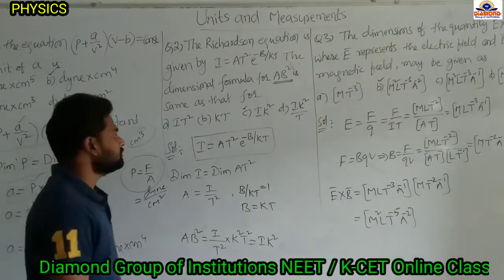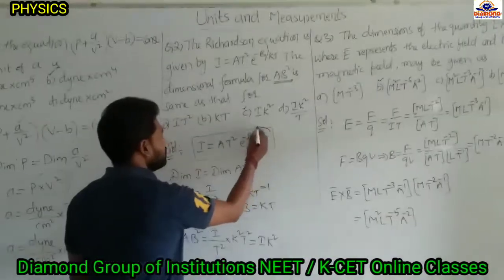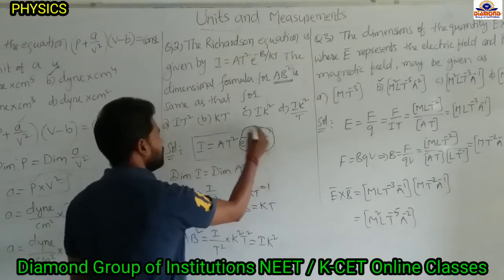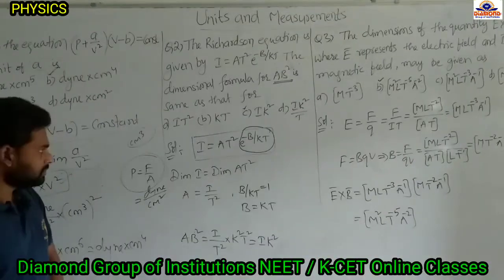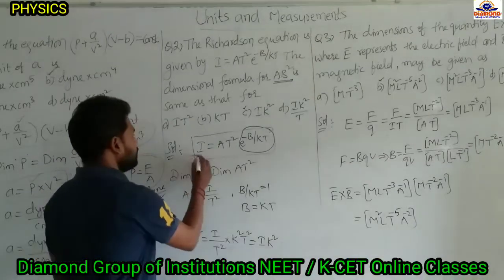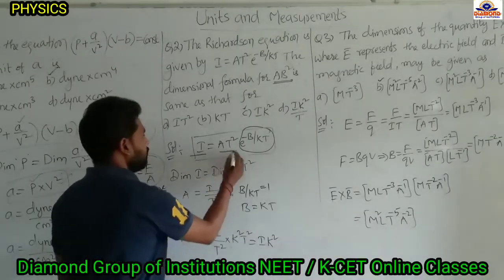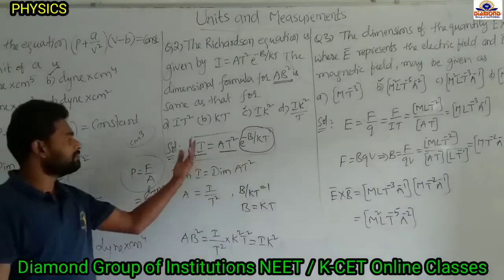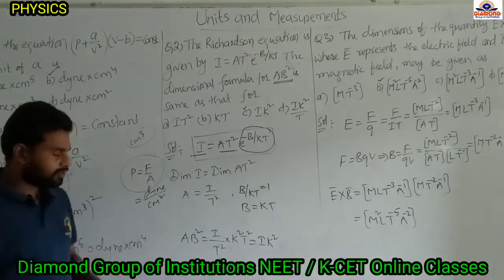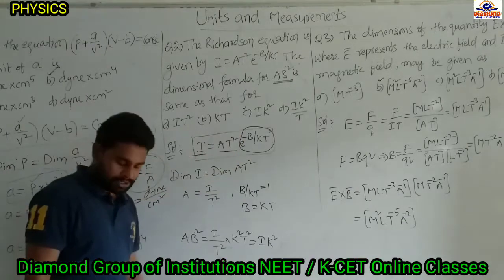From this, see now, this is the exponential part. The exponential part is dimensionless, it does not have any dimensions. Now the left side is I and the right side we have A T². From the homogeneity principle we can say the left side quantity's dimensional formula equals the right side quantity's dimensional formula.